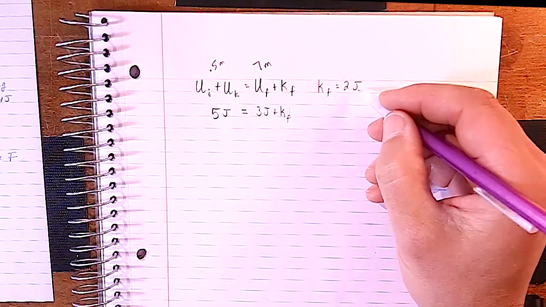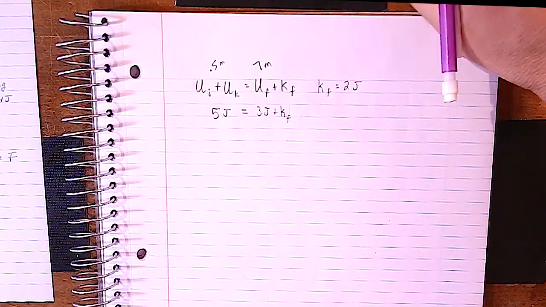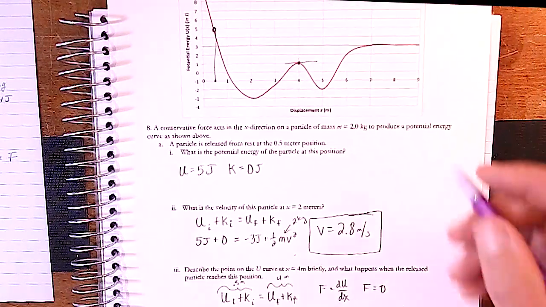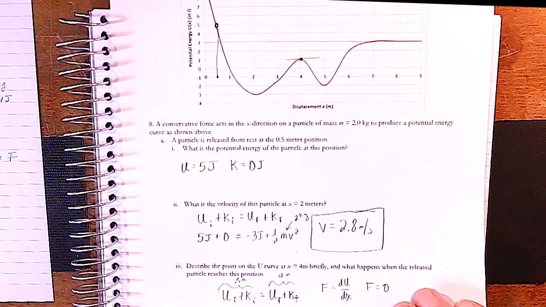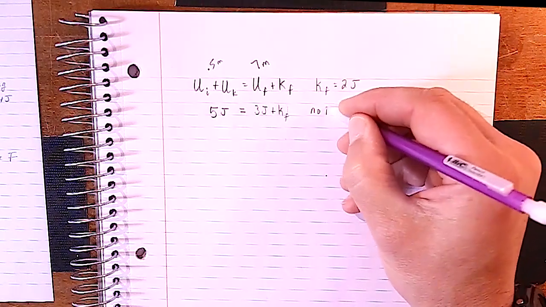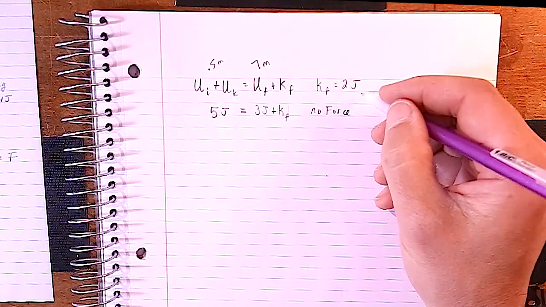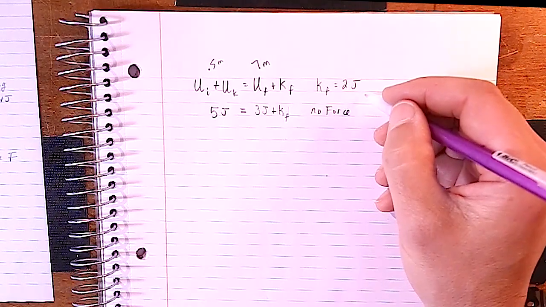So the object is still moving to the right, but again, take a look at this. The slope is 0. So if the slope is 0, there's no more force. So the object is just going to continue moving with the same velocity.